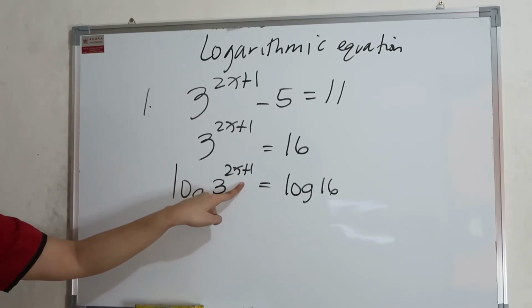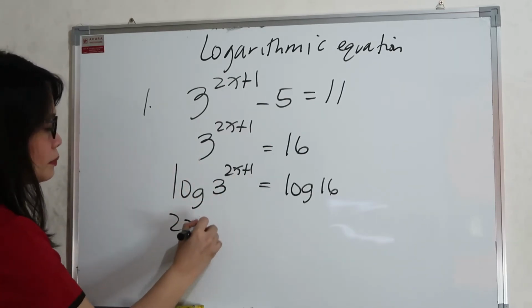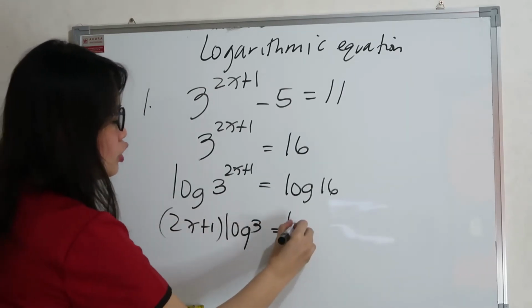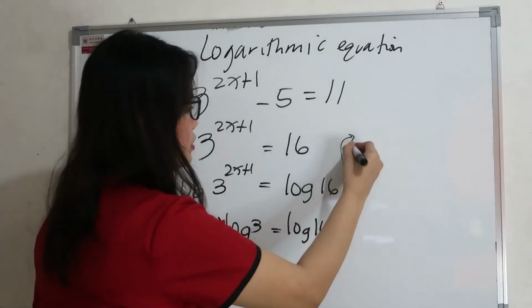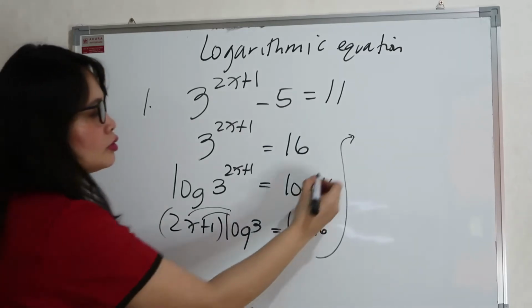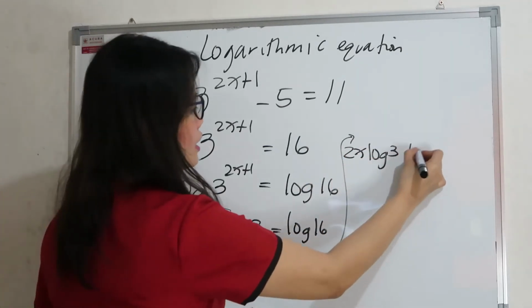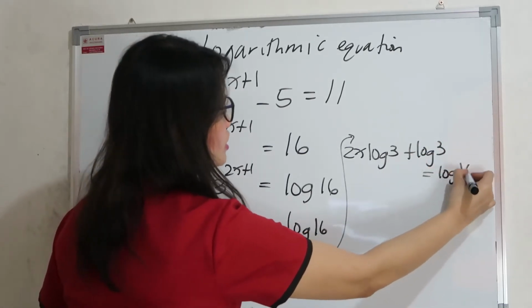We write the exponent beside the logarithm, so that becomes 2x plus 1 multiplied by log 3 equals log 16. Next, you distribute. So you have 2x log 3 plus log 3 equals log 16.